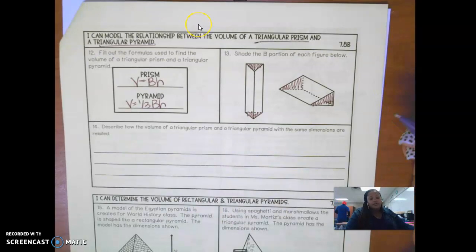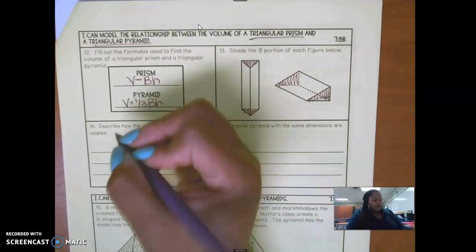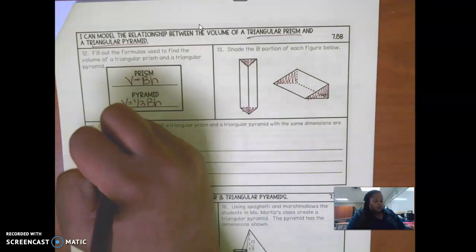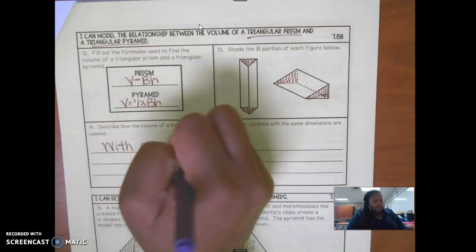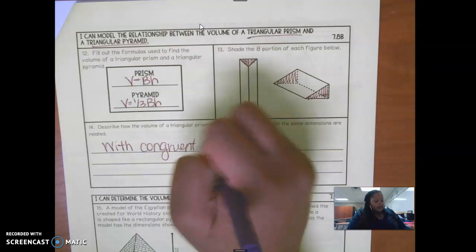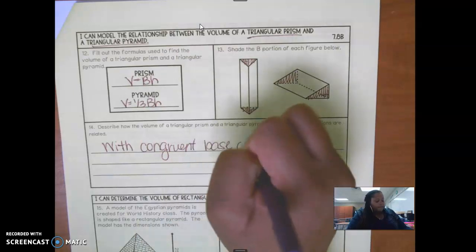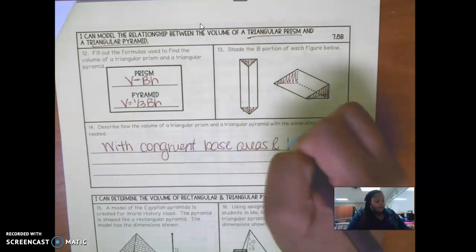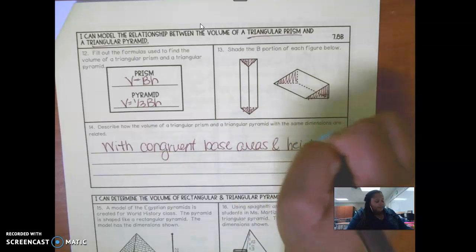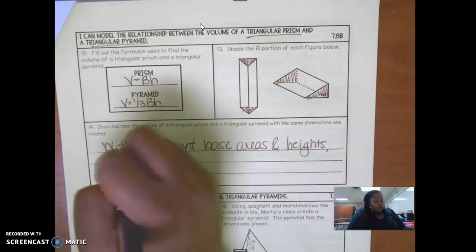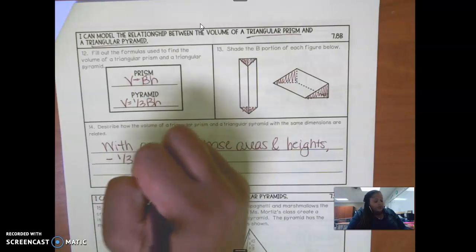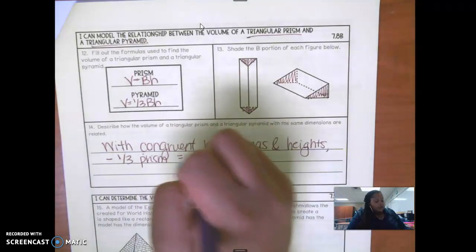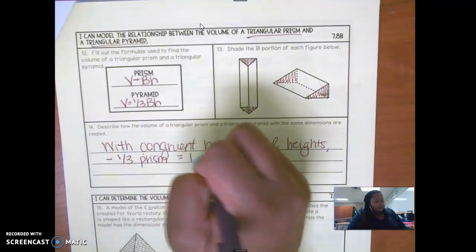Describe how the volume of a triangular prism and a triangular pyramid with the same dimensions are related. With congruent, I'm writing the same exact thing. Base areas and height. 1/3 of a prism, in this case triangular, is equal to 1 pyramid.